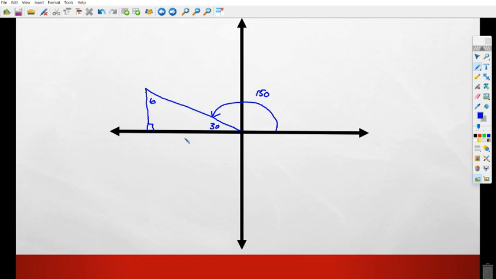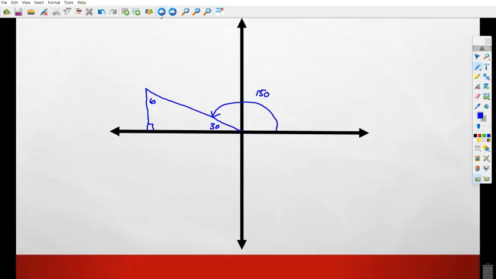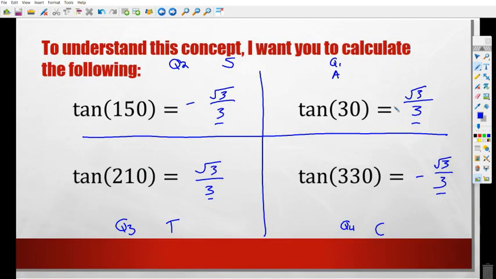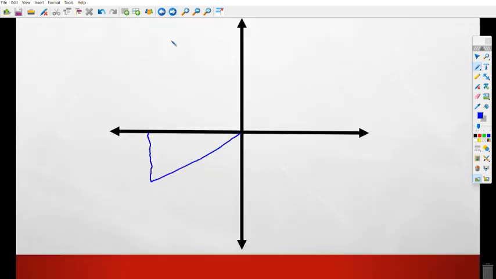Now if I take the same triangle and I draw it in the third quadrant, we've dealt with the 30, we've dealt with the 150, so now let's do the 210.